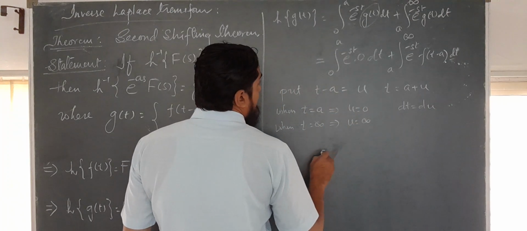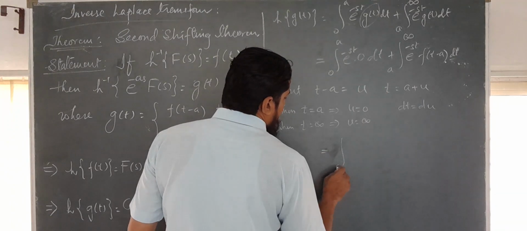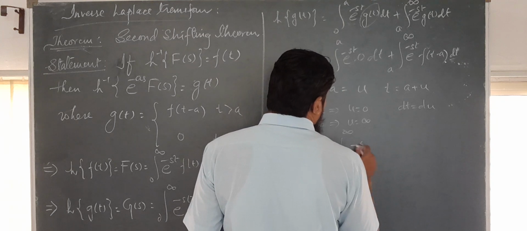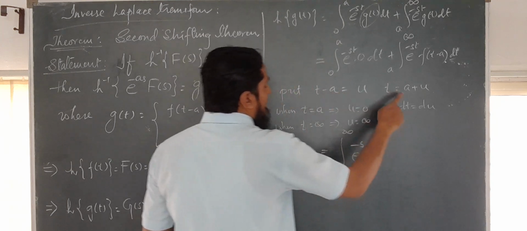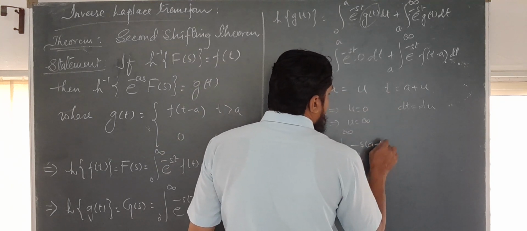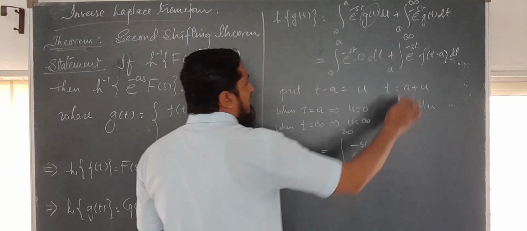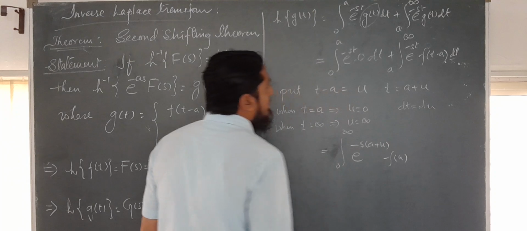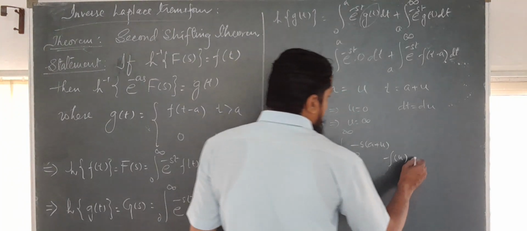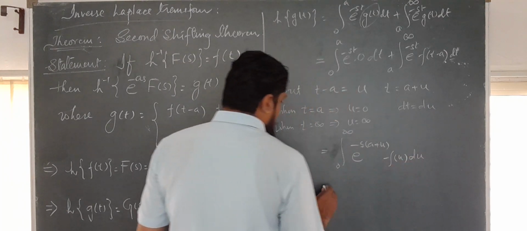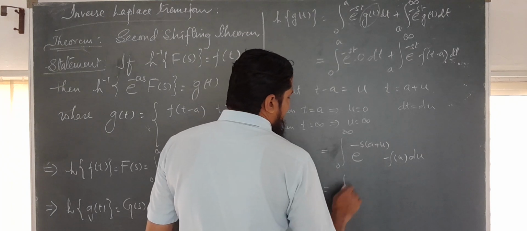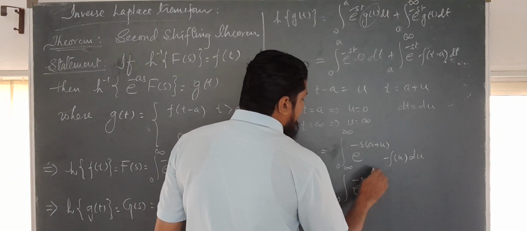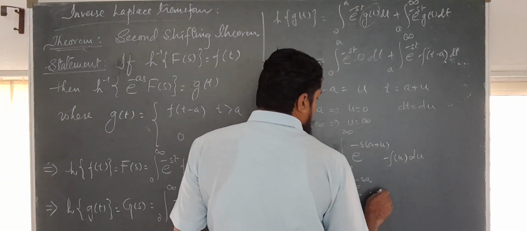So the integration becomes 0 to infinity e raised to minus s times a plus u, f of t minus a becomes f of u, and dt becomes du. Correct?